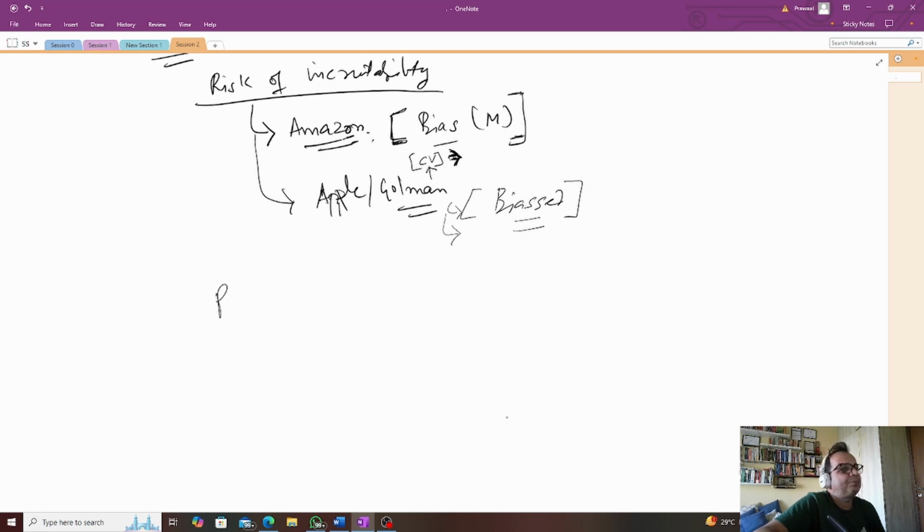The other problem is with respect to privacy. Since these models are very data hungry, they try to extract the information about the users from wherever they can. So it can be social media.